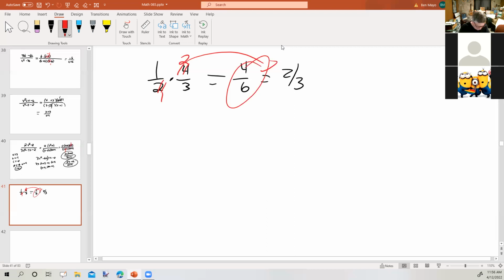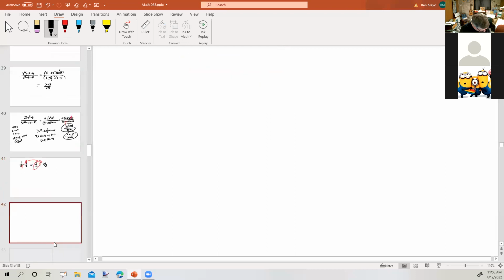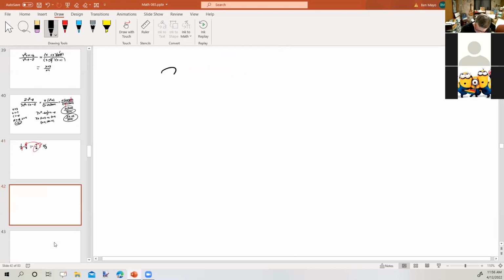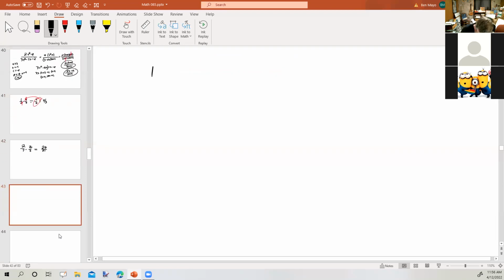Now, let's say I've got 2/7 times z over 3. Is there anything I can pre-reduce? No. So there's my answer. Let's say I've got 11m over 21 times 14 over 55m cubed.